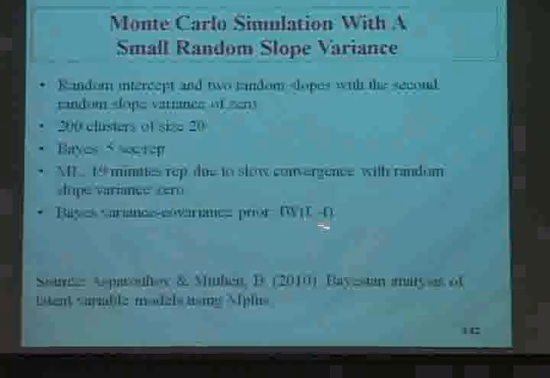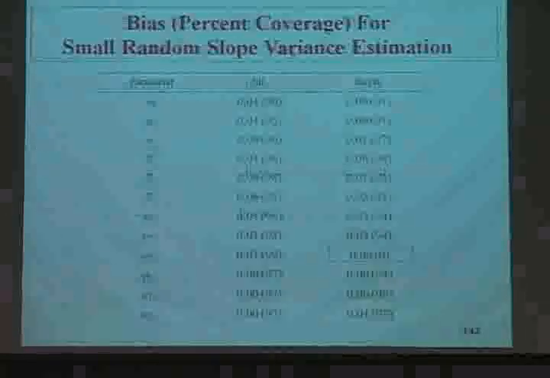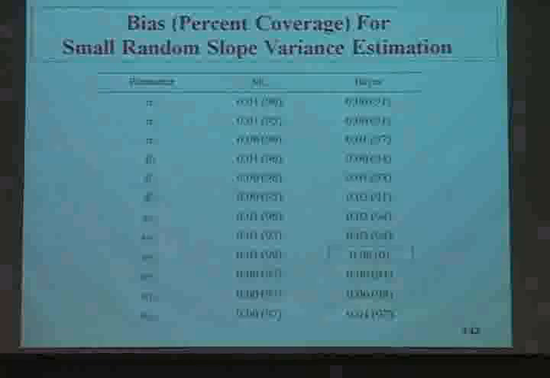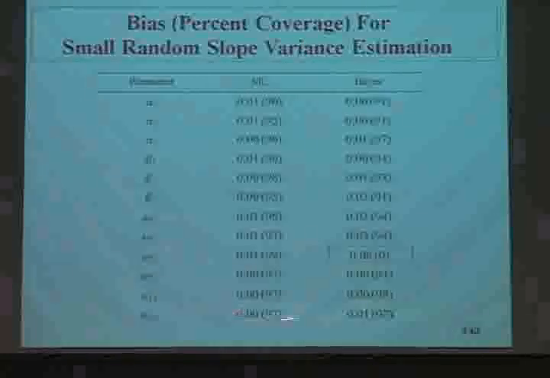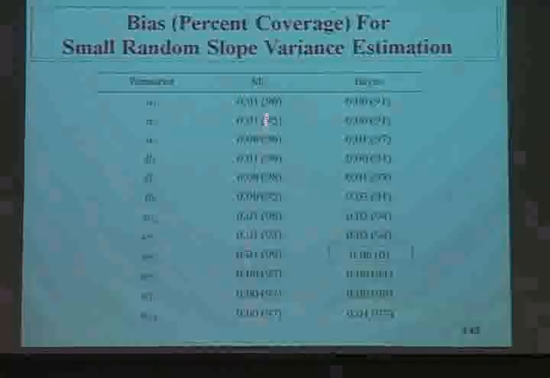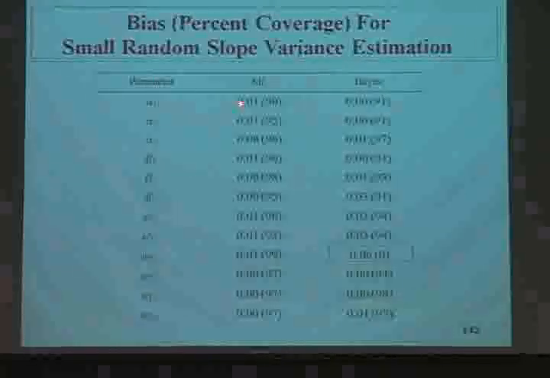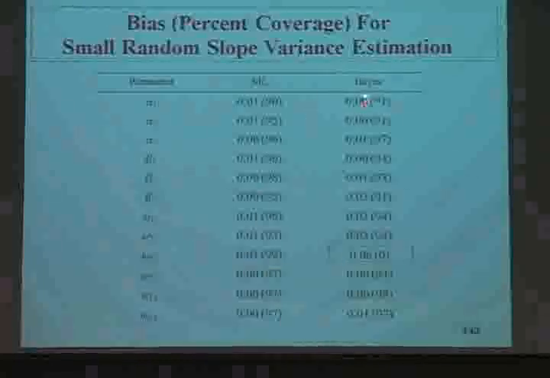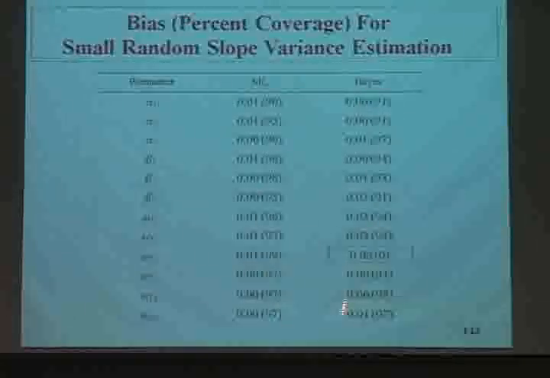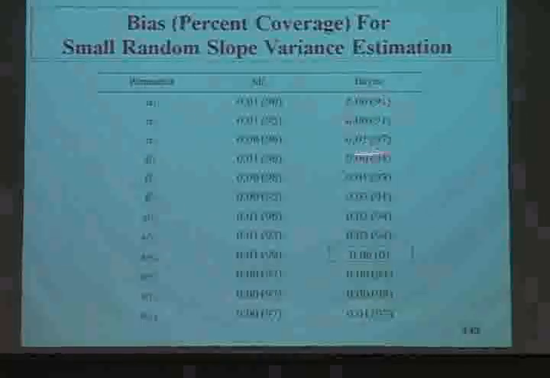And here, again, this is our default prior: an inverse Wishart with identity matrix and degrees of freedom 4. In this simulation study, you can see the ML estimates have bias for all the parameters in the model, and 0 coverage is excellent, and Bayes, being much faster, pretty much gains the same results.